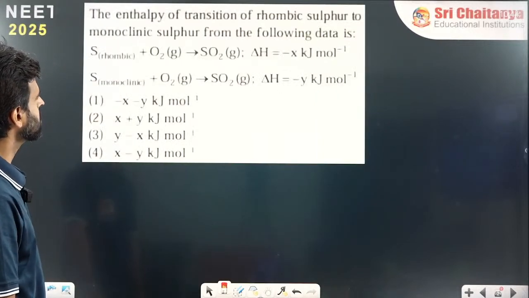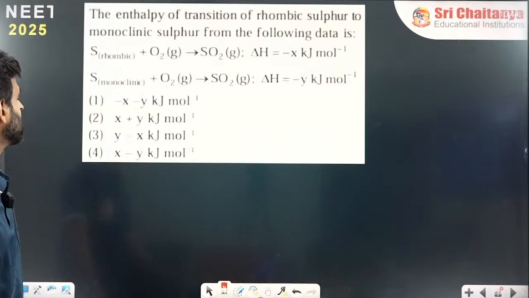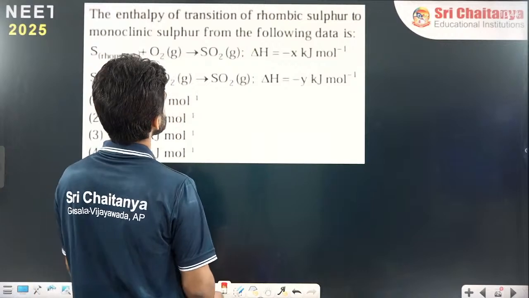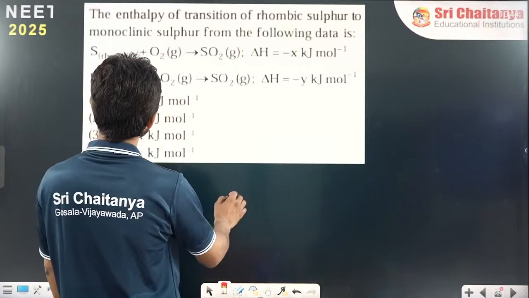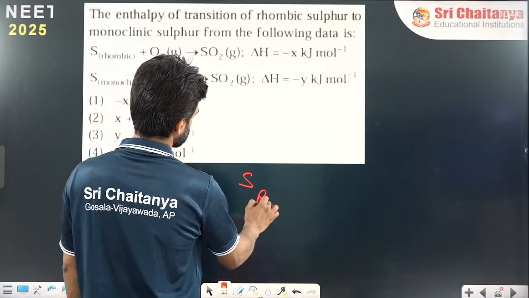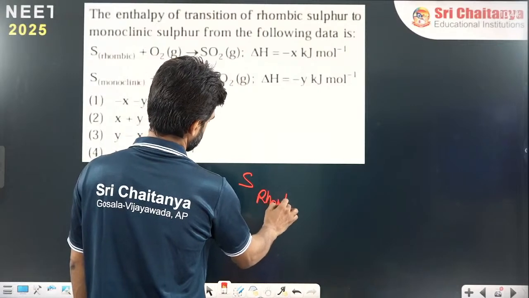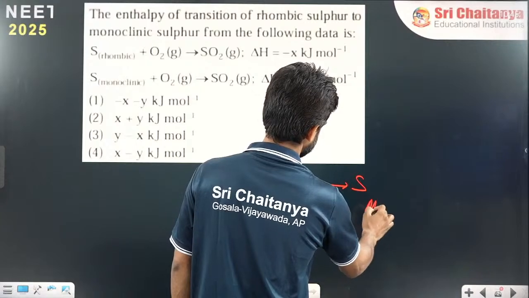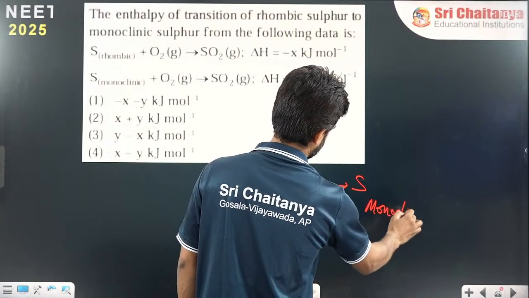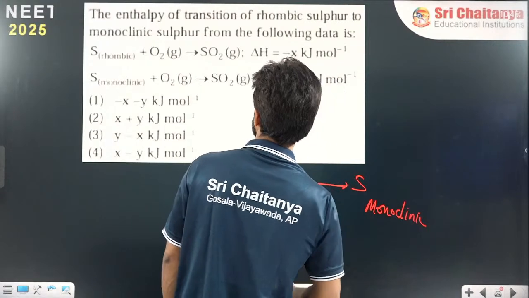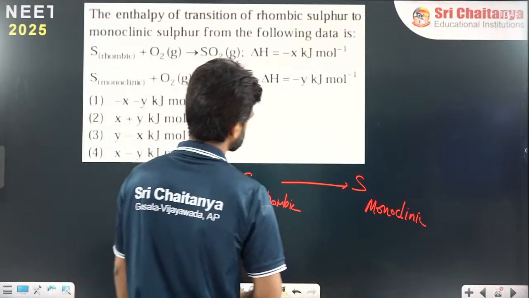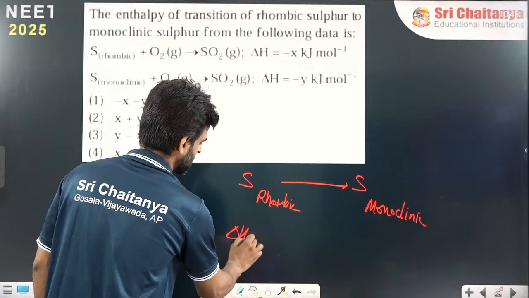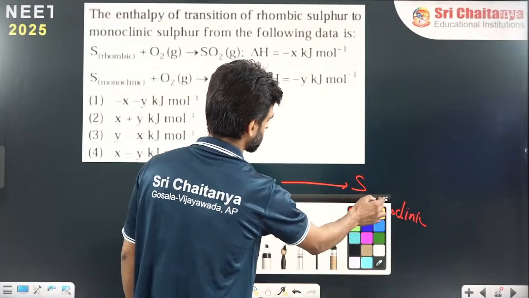Enthalpy of transition of rhombic sulfur to monoclinic sulfur from the following. Okay, fine. They are saying from where to where? Rhombic to monoclinic. I want to convert sulfur rhombic to sulfur monoclinic. I need this one. I am calling it delta H3. How best can we get this?